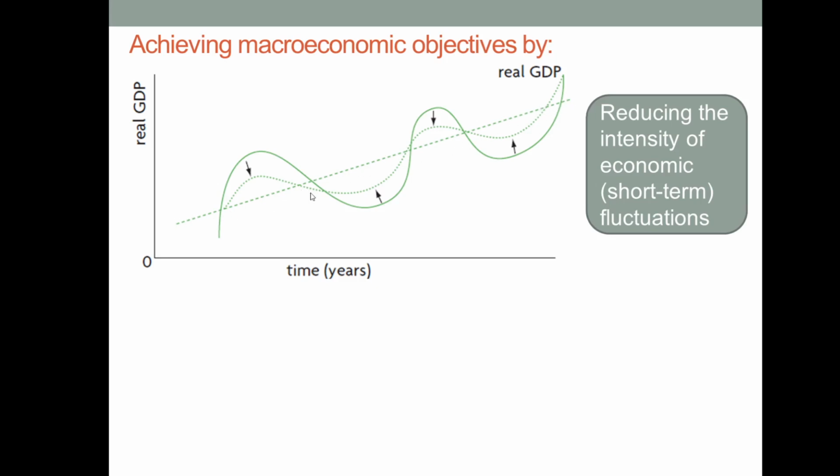The economists believe this is the long-term growth trend, and the actual GDP line they call a short-term fluctuation. As long as we are able to reduce the intensity of the actual fluctuation, we will be able to achieve two macroeconomic objectives.